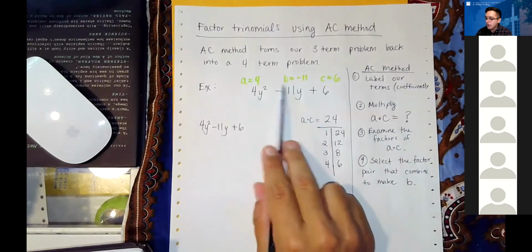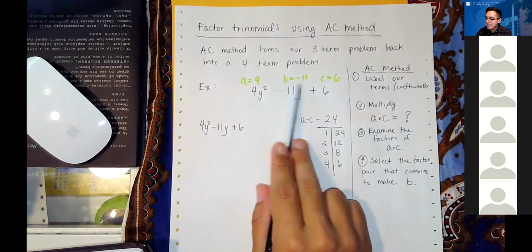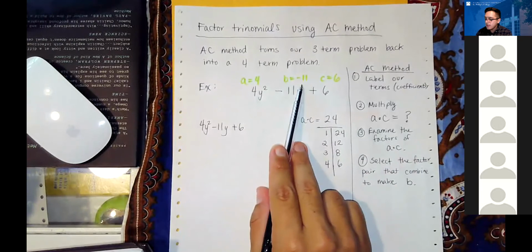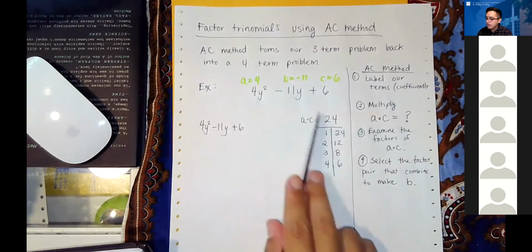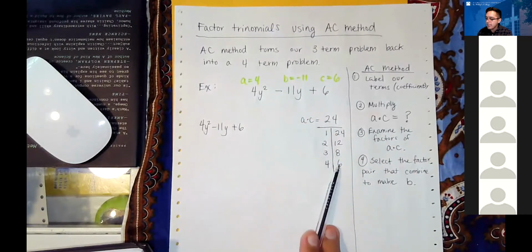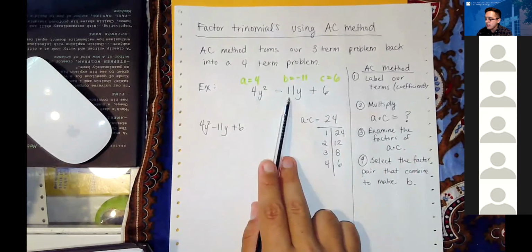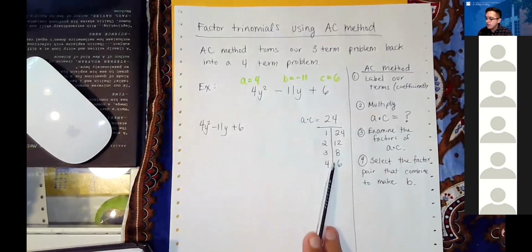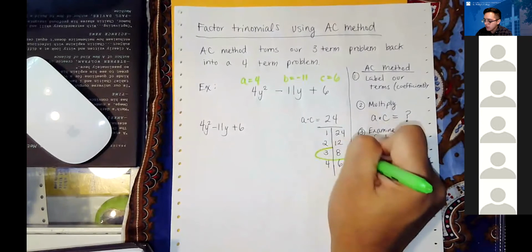So in this particular problem, b is -11. So I'm trying to get factors of 24 that will add or subtract and give us -11. Okay, so if I look at these factor pairs and I want to select one that will give us 11, well, it looks like 3 and 8 will give us 11.